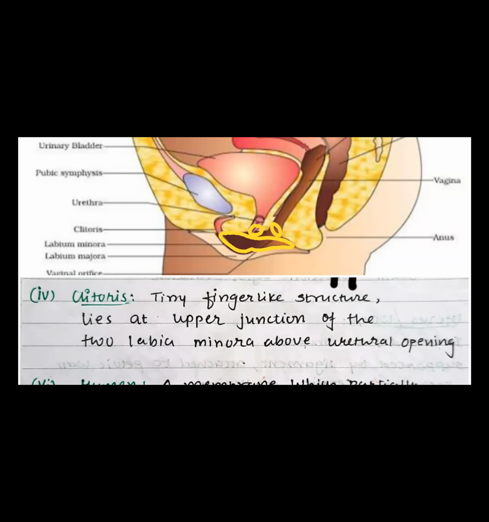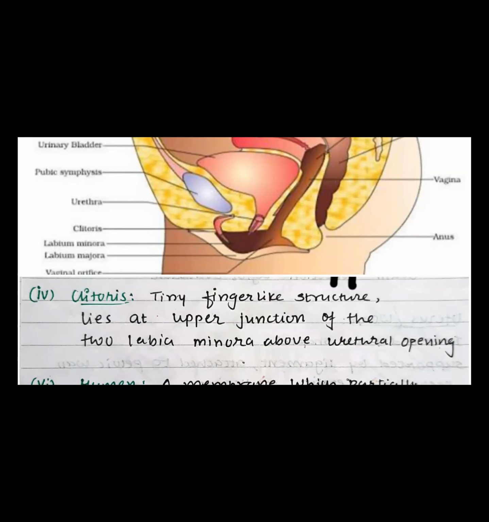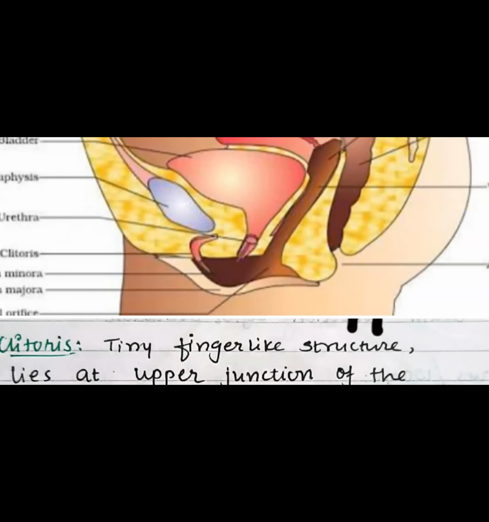Then another structure that one needs to understand is the hymen. It is actually a delicate membrane which partially covers the opening of the vagina. Let's assume that this is the vaginal opening.